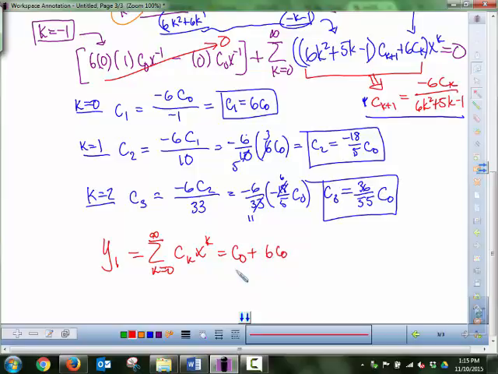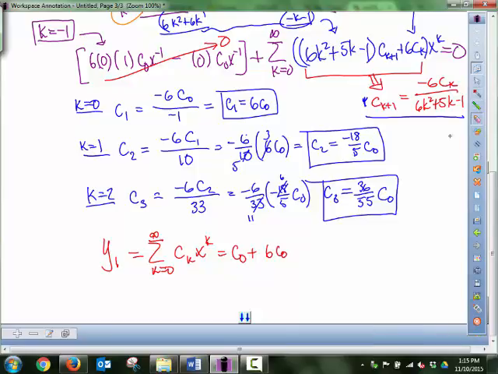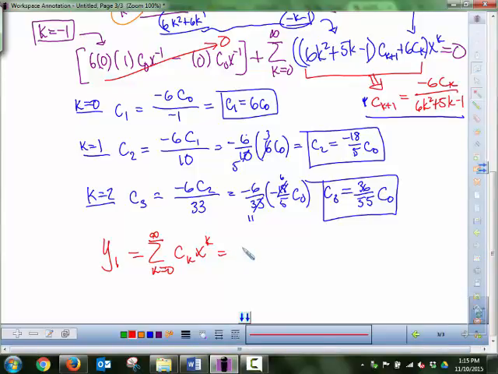Maybe we should factor out a c sub 0. You can see that everything has a c sub 0 here, right? I'm going to go ahead and factor out a c sub 0. So the first one is just c sub 0 times 1 factored out. The next one looks like it's positive, right?